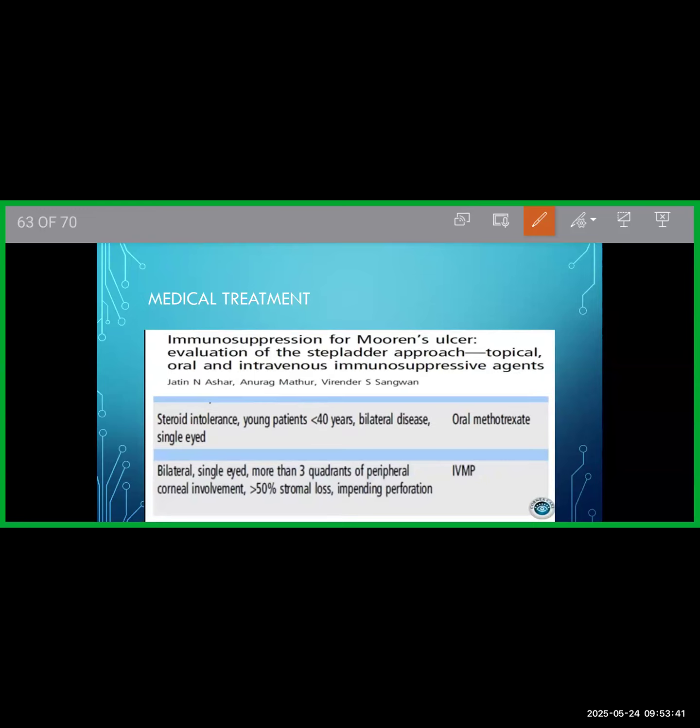Then for those with bilateral or single eye disease, more than 3 quadrants of peripheral corneal involvement, and more than 50% stromal loss with an impending perforation, intravenous methylprednisolone can be instituted.